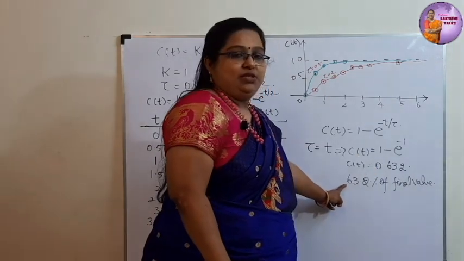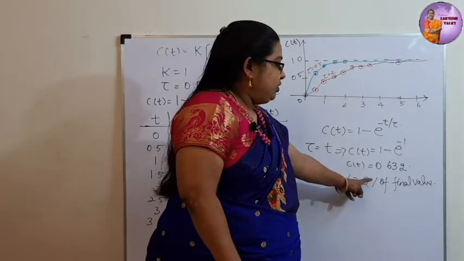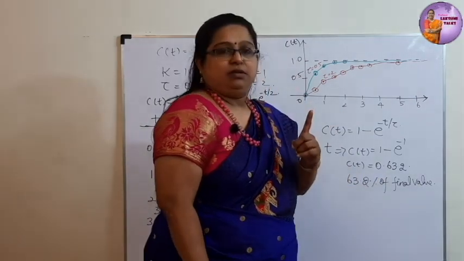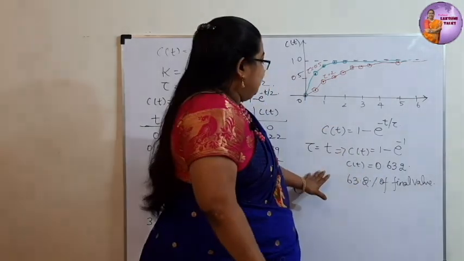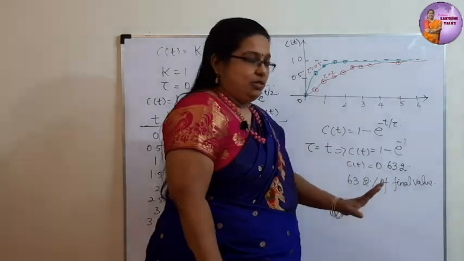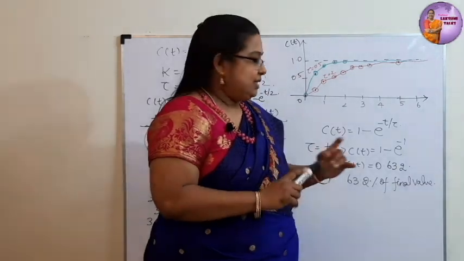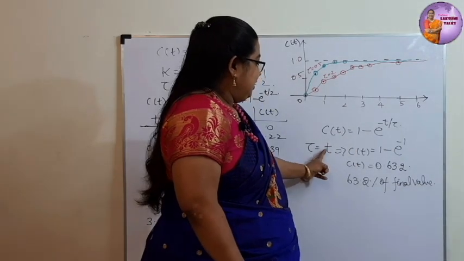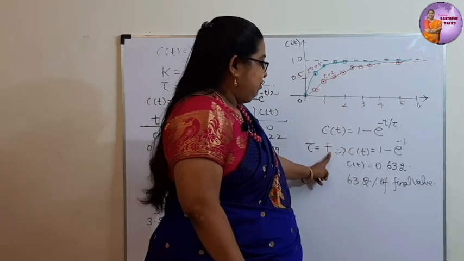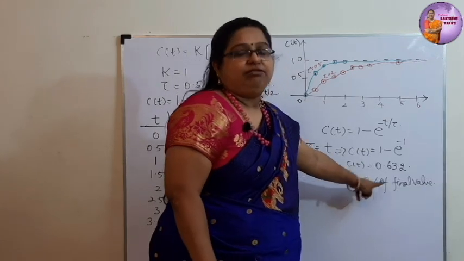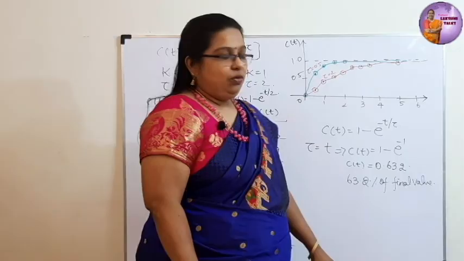In terms of percentage, we can call it 63.2% of the final value. What is the final value for this unit step? It is 1, so 0.632 is right. So what is the definition of the time constant? The time constant is nothing but the time taken to reach 63.2% of the final value. Okay, clear?